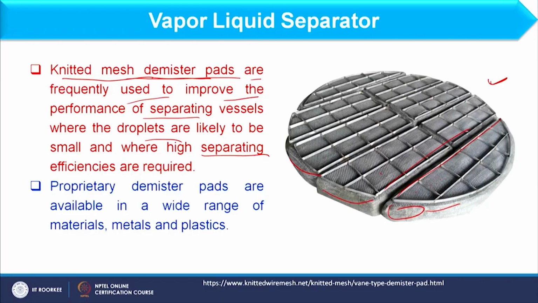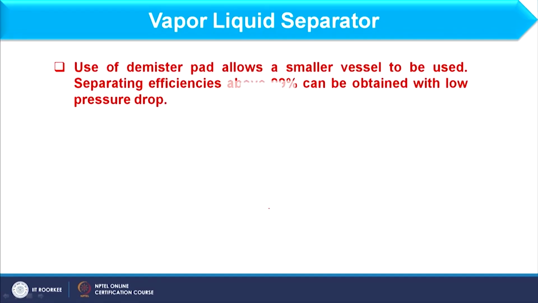As far as the material of these pads is concerned, these are available in a wide range of materials including metals and plastics. So, you can use these pads to capture the liquid droplets, and you can separate the pure vapor accordingly.